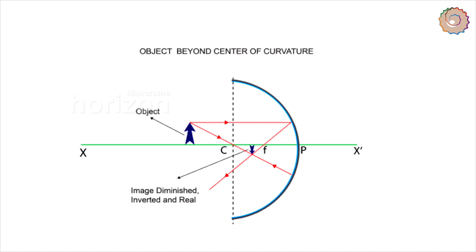If you look at the point where these rays intersect, you now have the image point for this case. Notice that the image is inverted. It is upside down. And since the rays are meeting at a real point in space, the image will also be real. And it will be smaller than the size of the object.